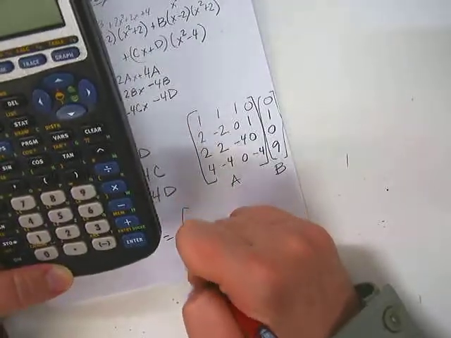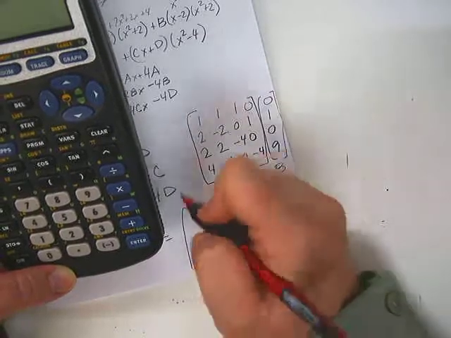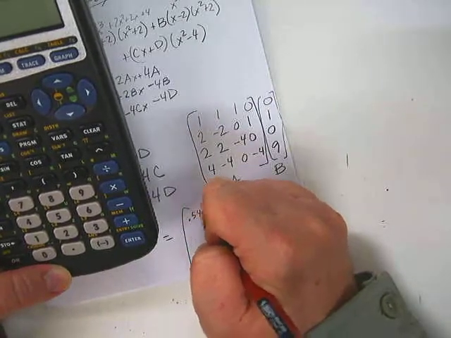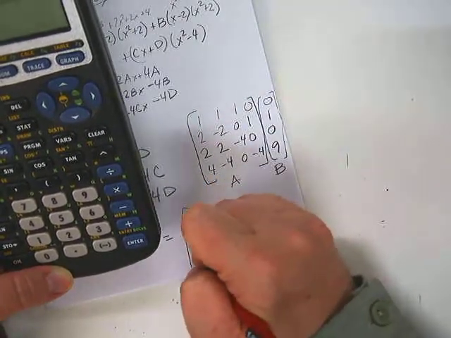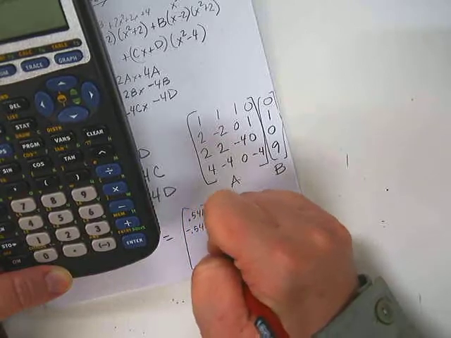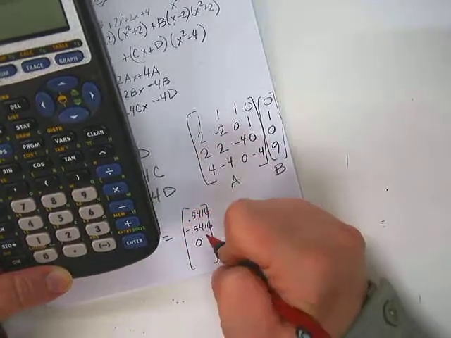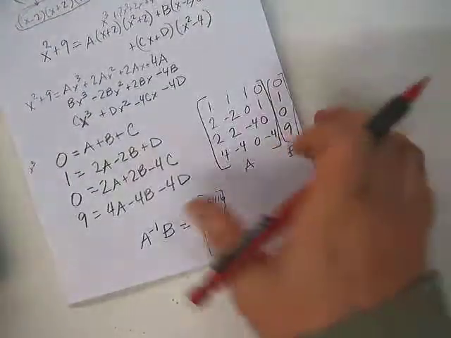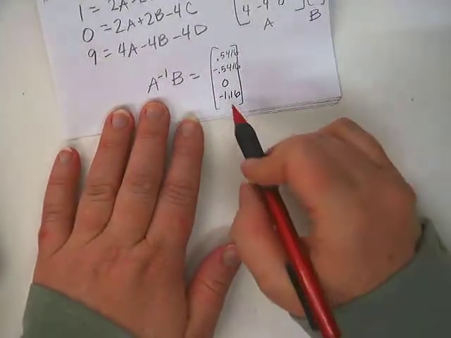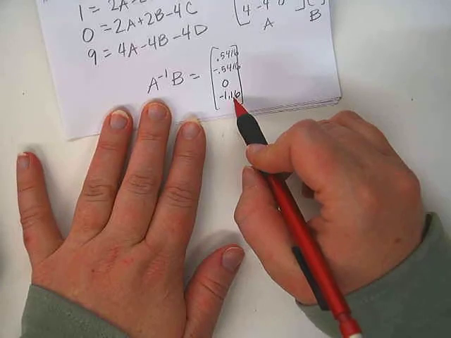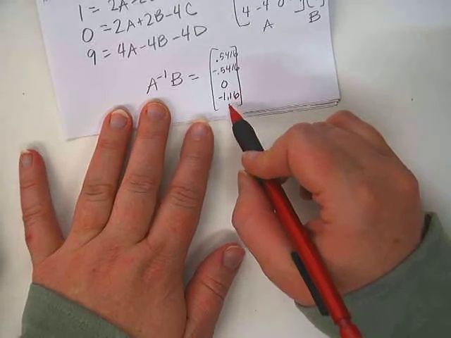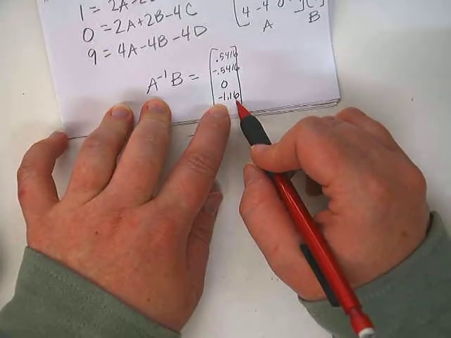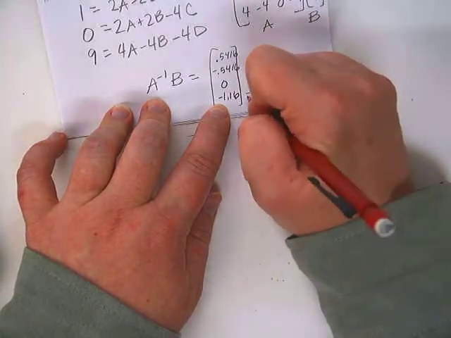Okay, so can we convert those back to fractions easily? So 0.5416, -0.5416, 0, and -1.16. Okay, I'm pretty sure that 0.16 is 1/6.